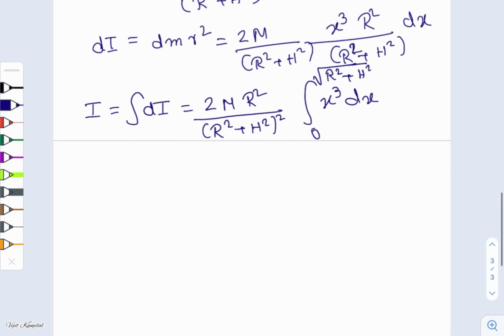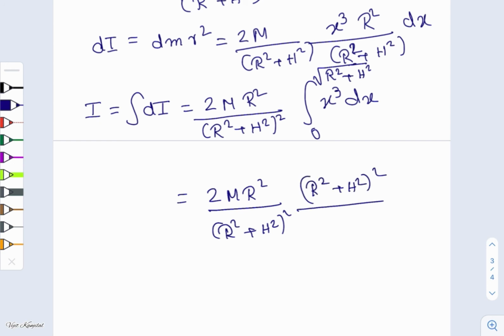Let us simplify this. This is simply 2m R square by R square plus h square whole square, times, on simplifying, R square plus h square whole square by 4.